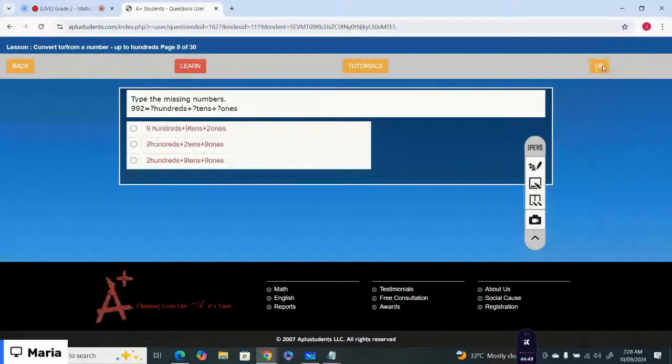Type the missing number 992. So, which is the correct option?